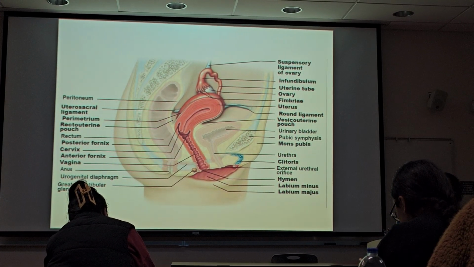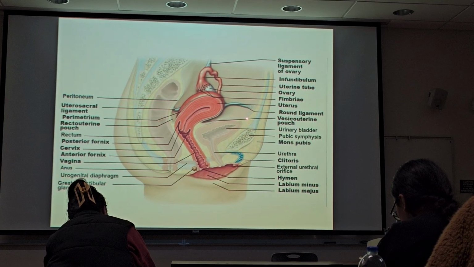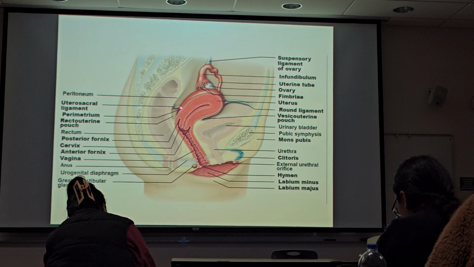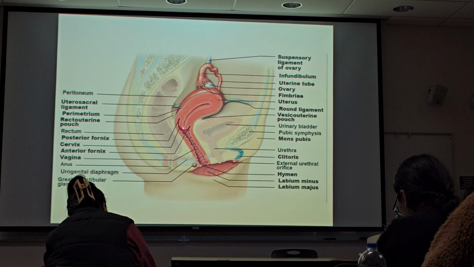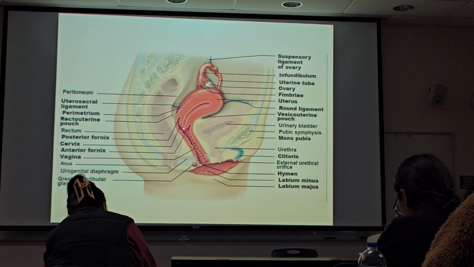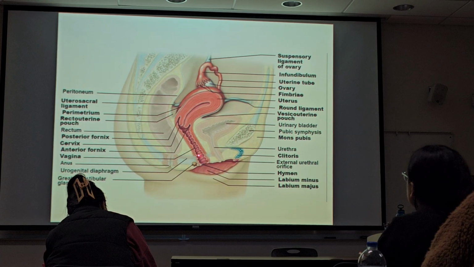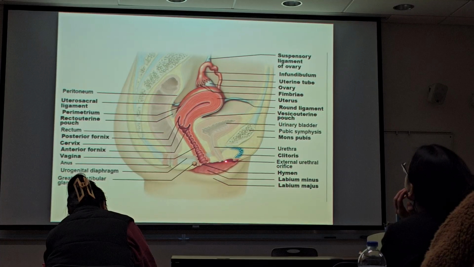So here we are in the female reproductive tract. Here is the uterus. The entrance into the uterus is the cervix, which cuts down into the vagina. So these are the internal genitalia. There are external genitalia as well.